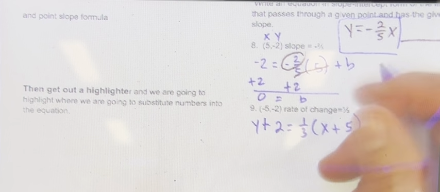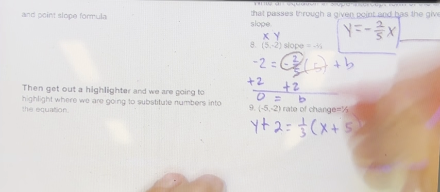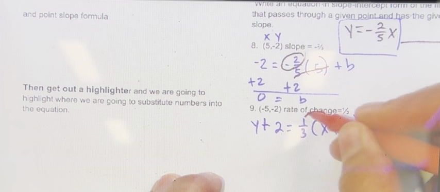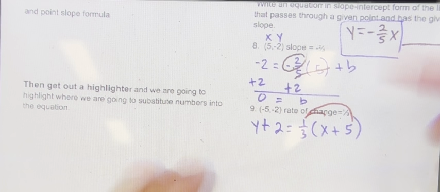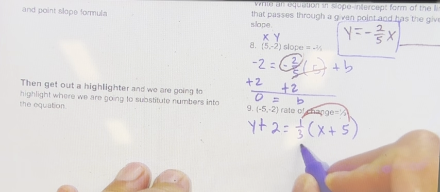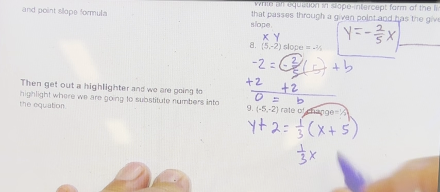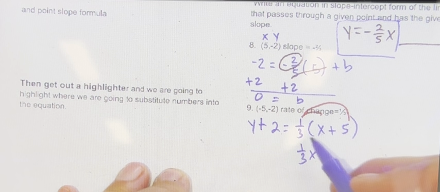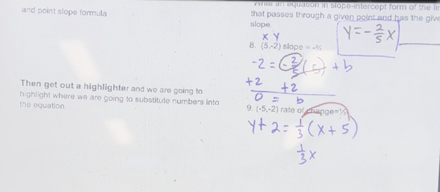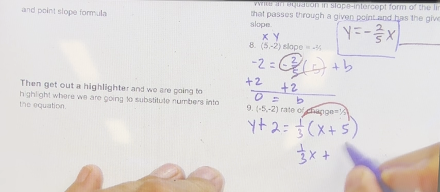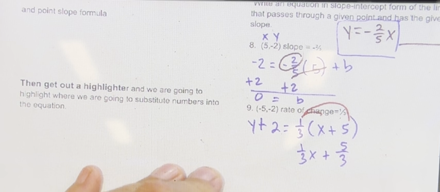Okay, so we're going to distribute the 1/3, because please excuse my dear Aunt Sally, says we have to do parentheses first. So 1/3 times x is just 1/3 x. And 1/3 times 5, and so 3 does not go into 5 evenly, correct? Okay, so when you just multiply the top, so 1 times 5 is 5/3, and 3 goes in the bottom.